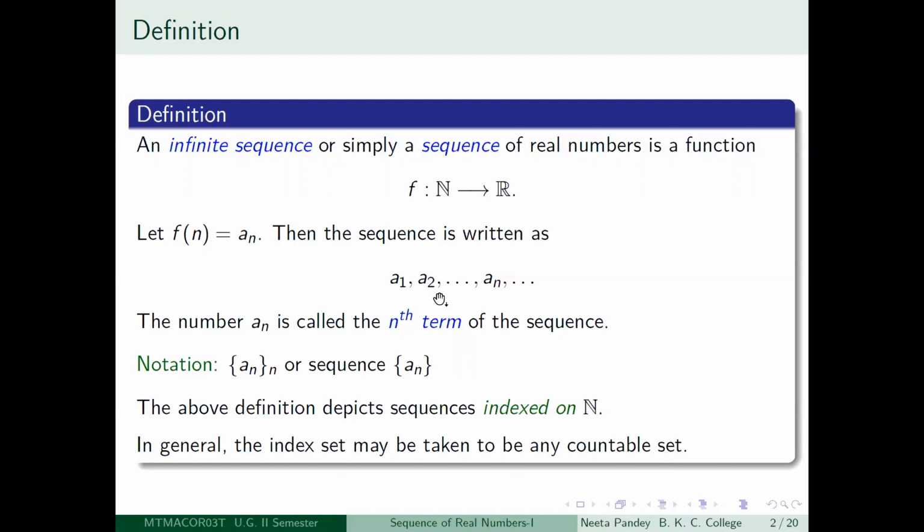So we would have a0, a1, a2, etc. And sometimes we would have a sequence which is indexed by the set of integers. So we would have something like a minus 1, a minus 2, a minus 3, and so on, and then we would have a0, a1, a2, etc. This is rare. We would not generally encounter such a thing, but at least starting from a0, that we will encounter. Okay, so this is just a simple definition.